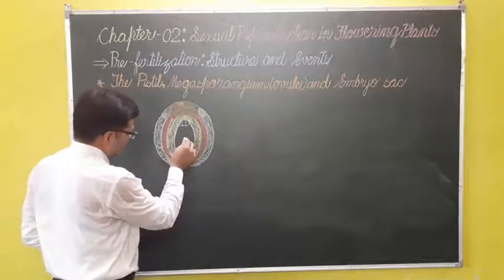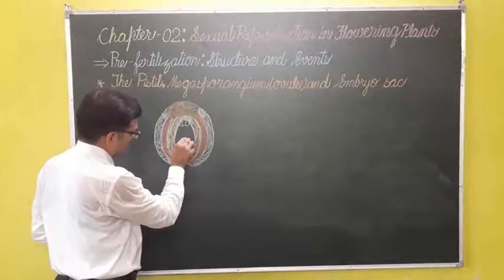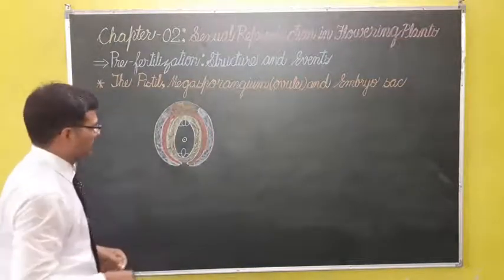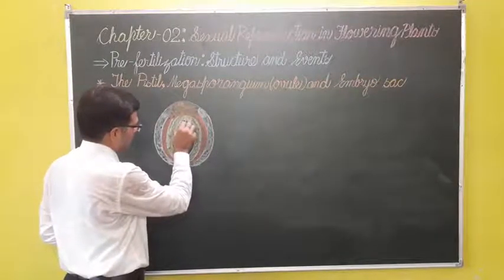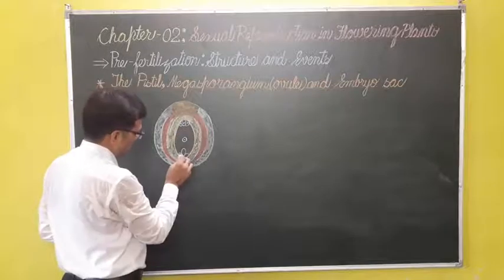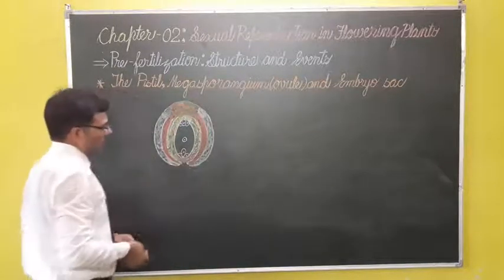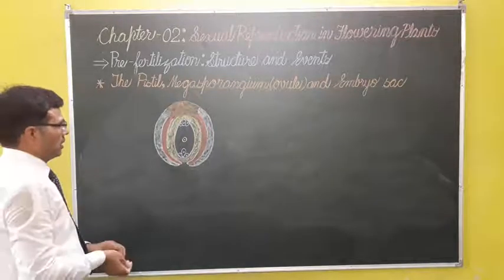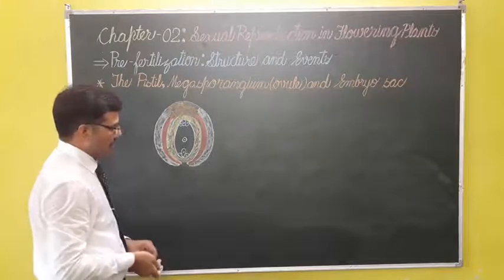Now at the center there is a nucleus which is called secondary nucleus, and these are the cells. So I'm drawing here the nuclei. Now this at the center is actually the embryo sac or female gametophyte.